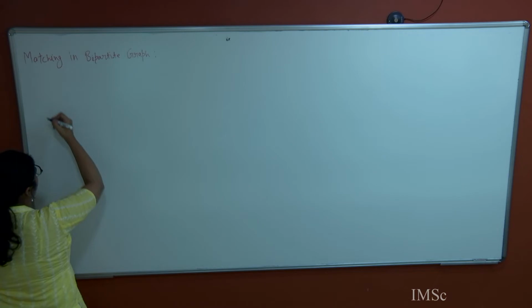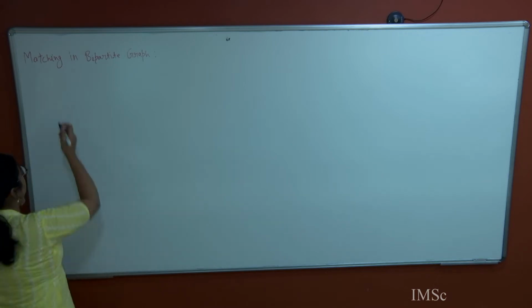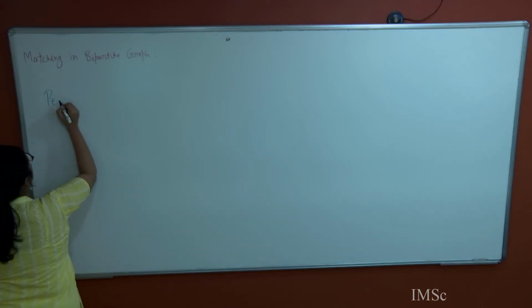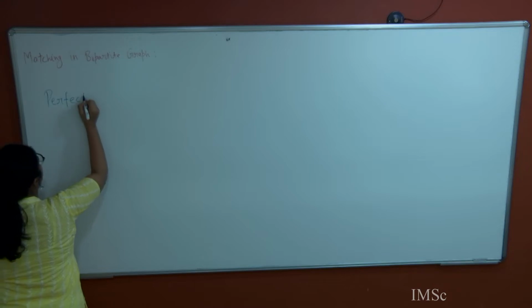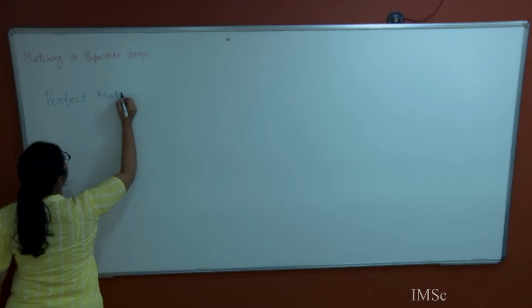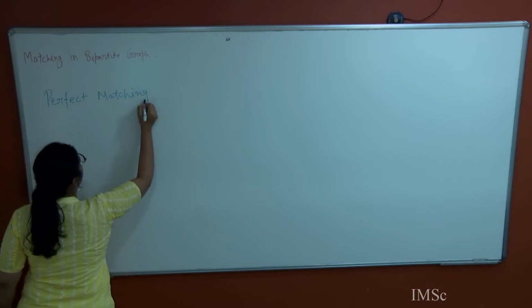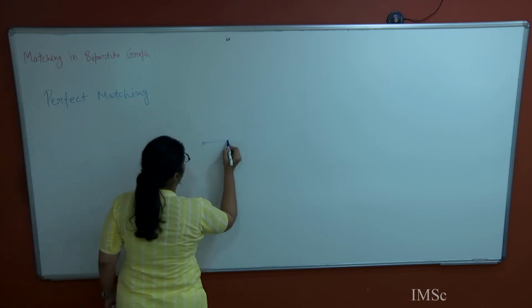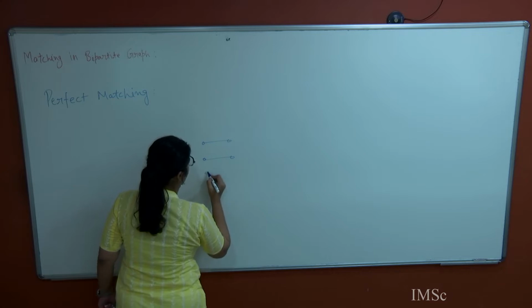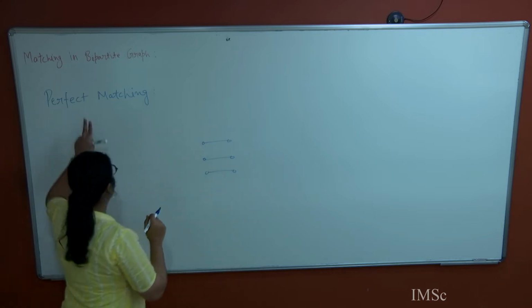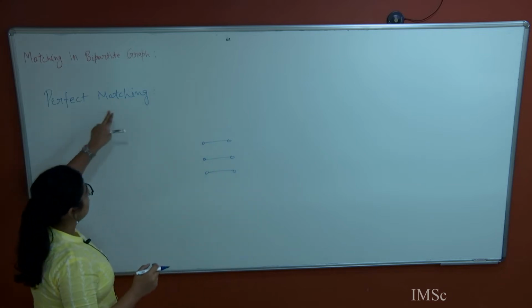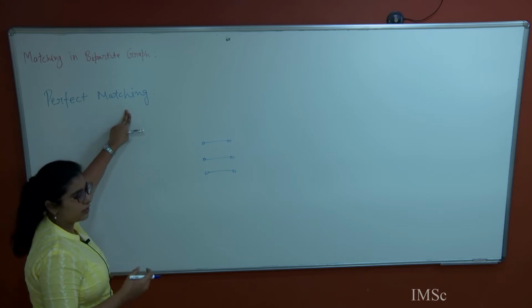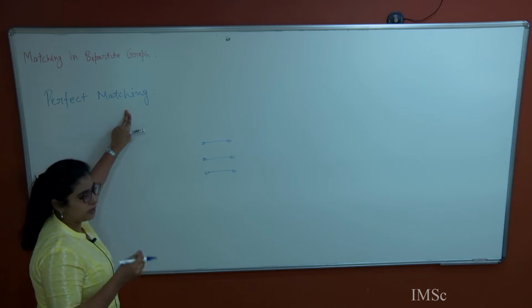So let's talk about perfect matching. So what is perfect matching? Given a bipartite graph, and in fact it is for general graphs, a matching is called a perfect matching if every vertex is saturated by the matching.